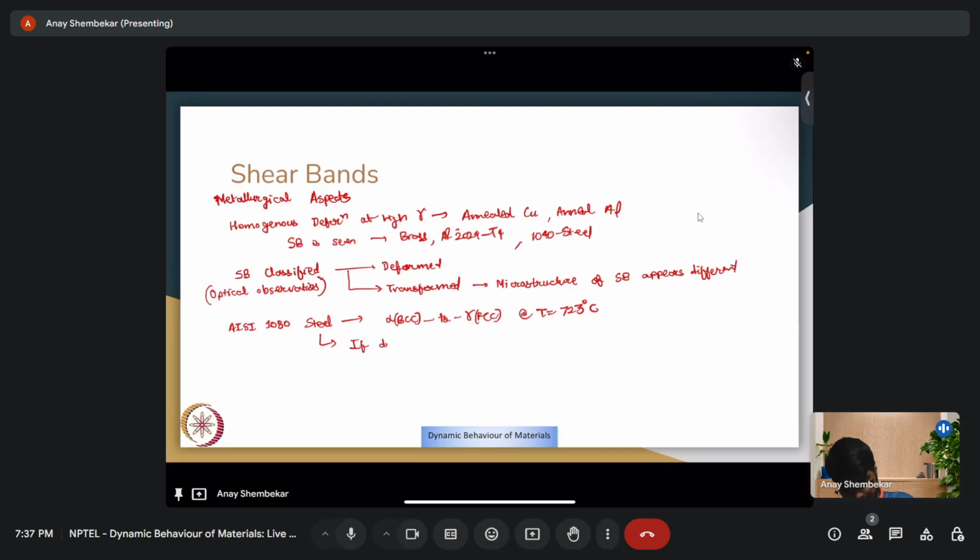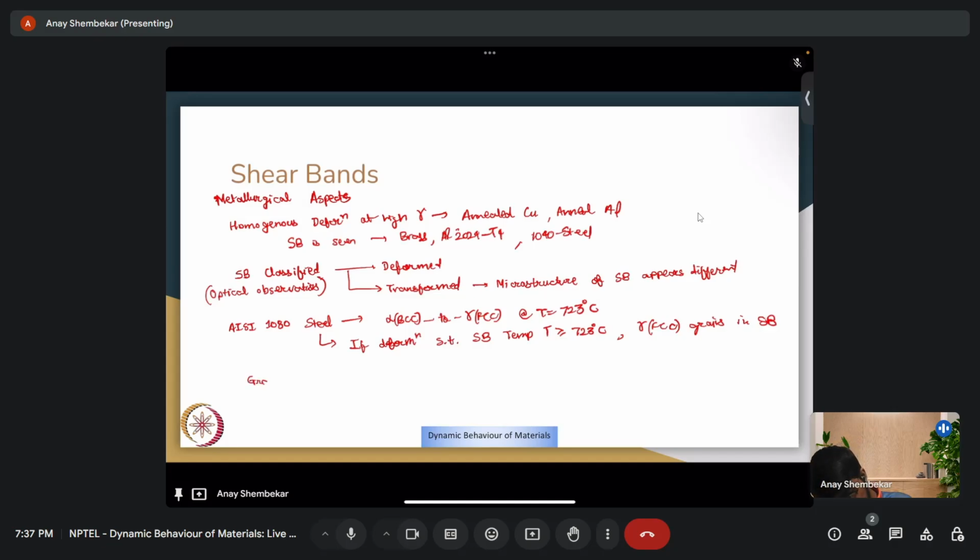If the deformation is such that the shear band temperature T exceeds 723 degrees Celsius, you see gamma FCC grains inside the shear band. What you can do then is quench the whole apparatus, cool it down quickly, and retain some gamma grains inside your material.